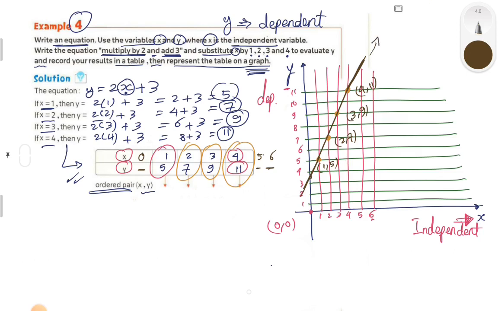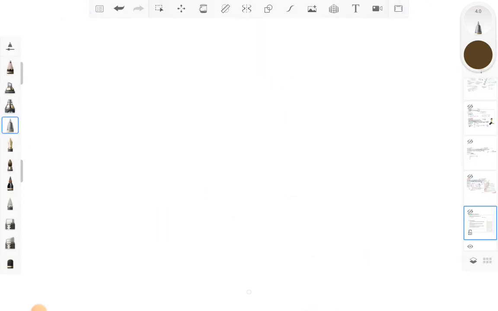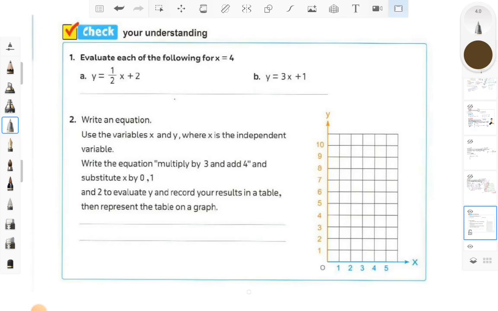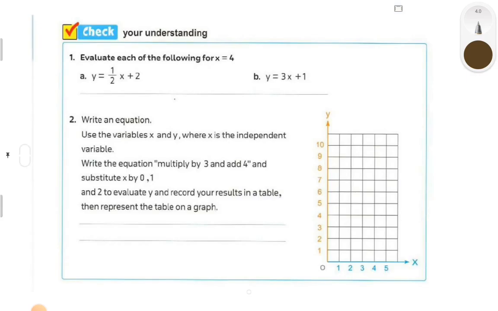Now it's time to check your understanding, if you got this lesson idea or not. First question, evaluate each of the following for x equal 4. Now x is the independent, right? Find the value of y, the dependent variable.